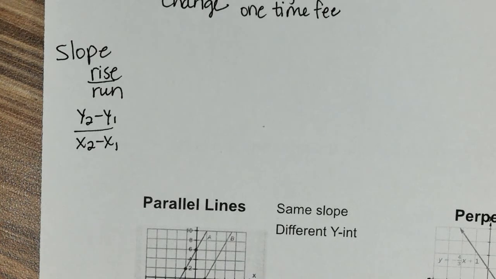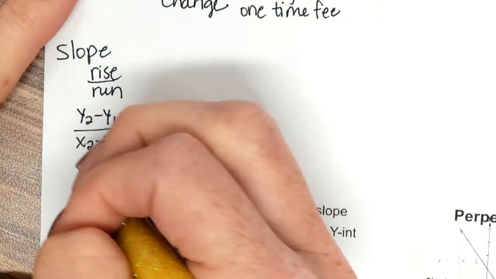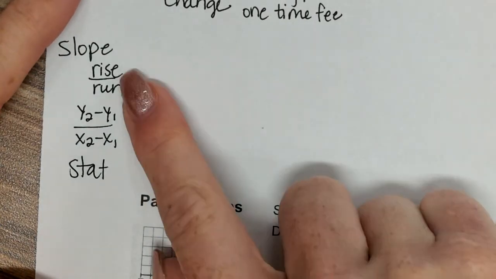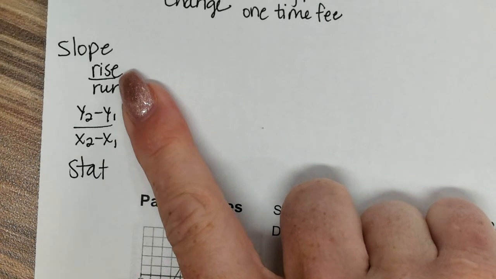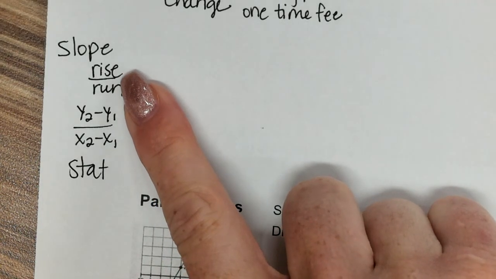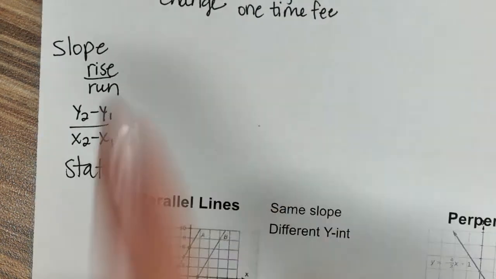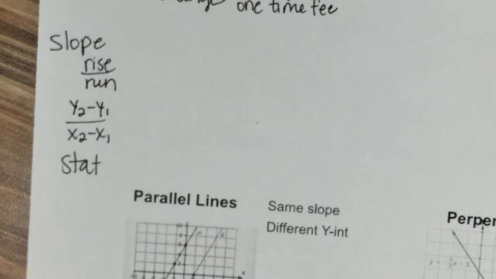Stat. Stat will find slope and y-intercept. But stat will only work if you have 2 coordinates. This formula will only work if you have 2 coordinates. Rise over run will only work if you have a graph with 2 coordinates. So all 3 of these only work if you have 2 coordinates.